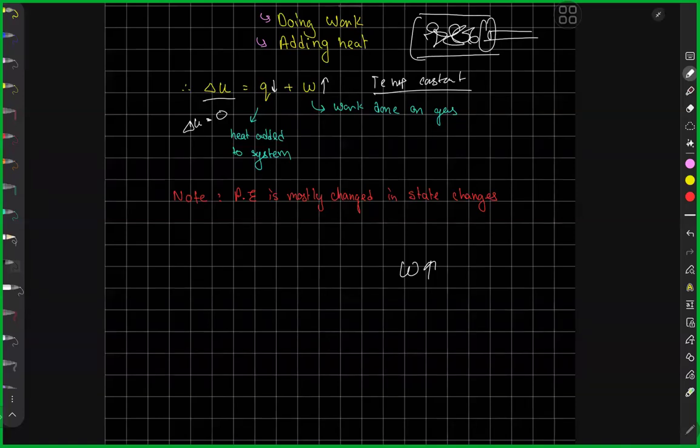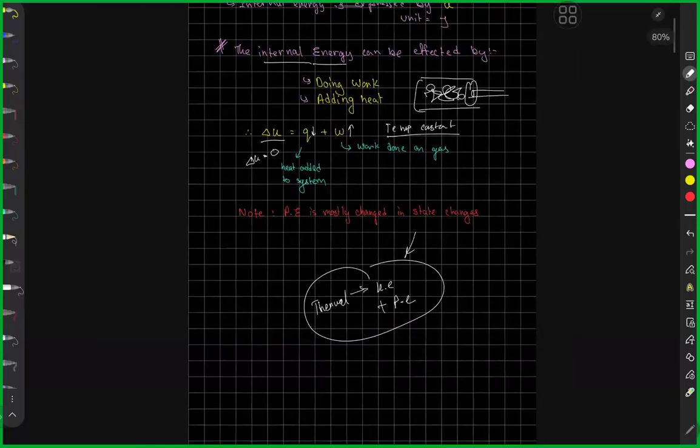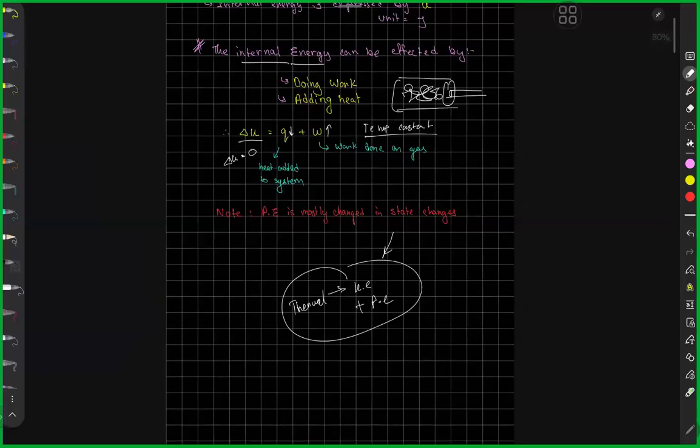I don't know if you can classify thermal energy as KE plus PE. I'm not really sure about this. This is where I'm getting confused. At least for this syllabus, would they classify thermal energy as KE plus PE? I'm not really sure on that.